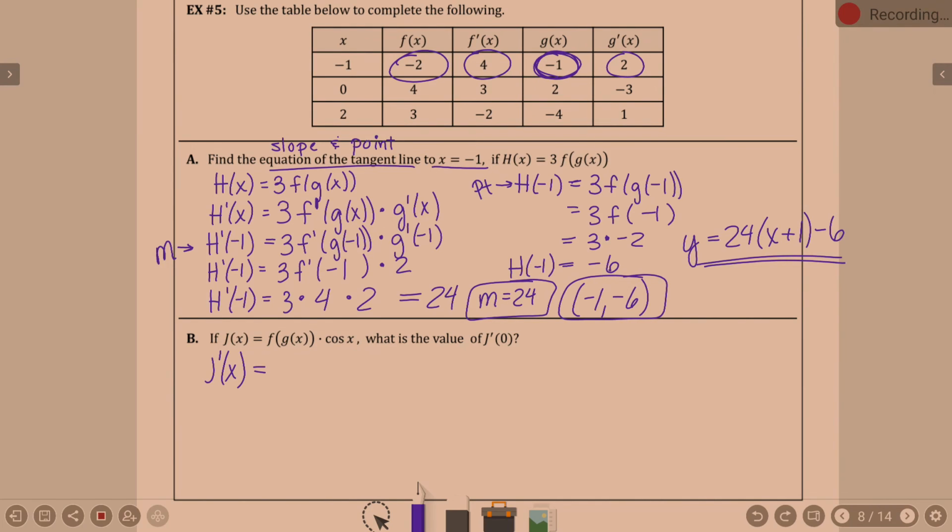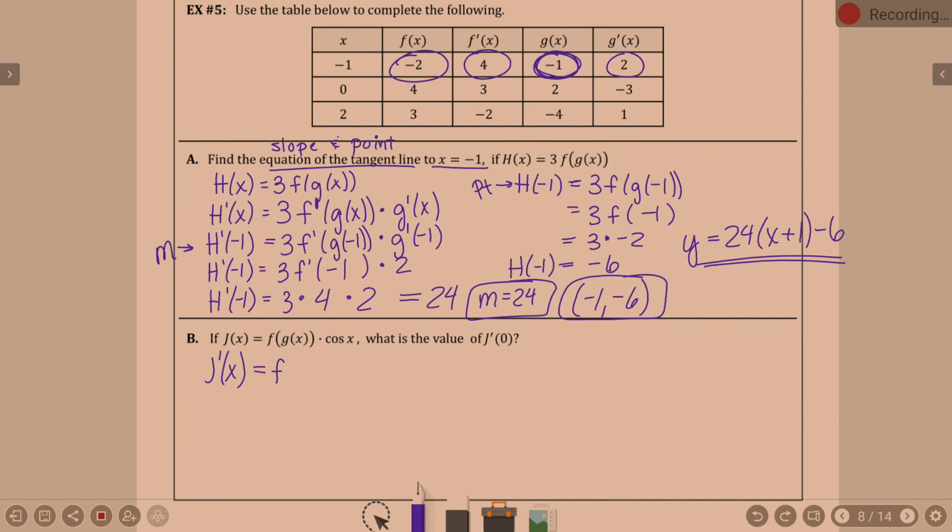What things are we noticing here? Do you realize there's going to be a product rule in here?